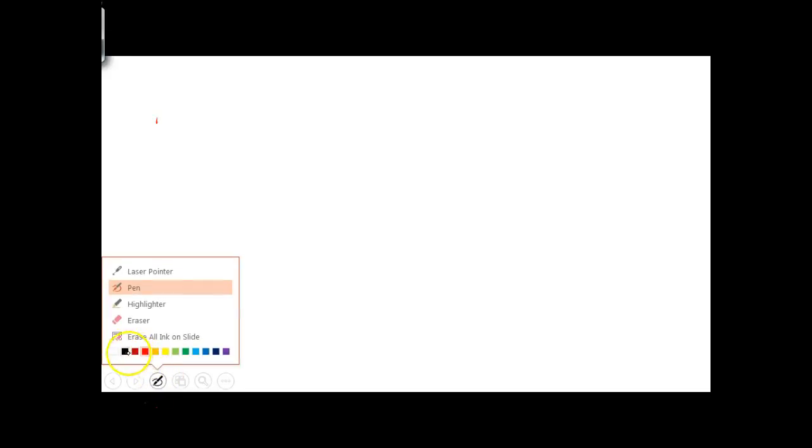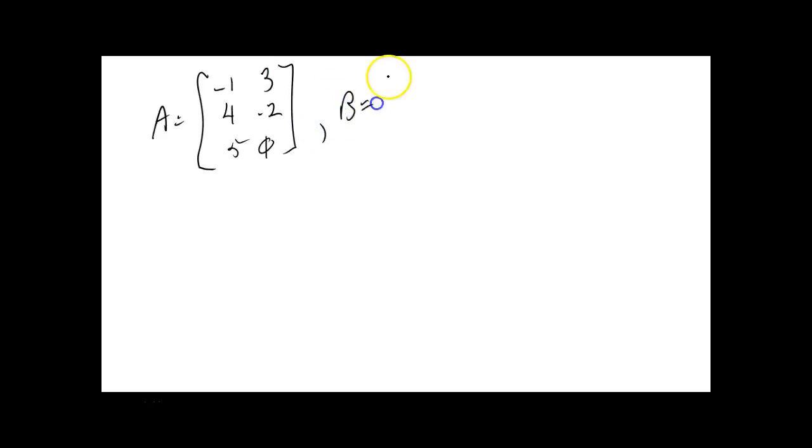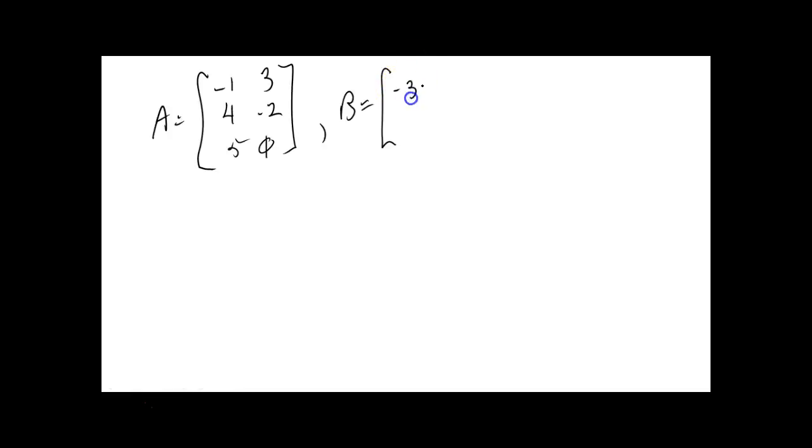Matrix A is -1, 3, 4, -2, 5, 0. Matrix B is -3, 2, -4, 1.